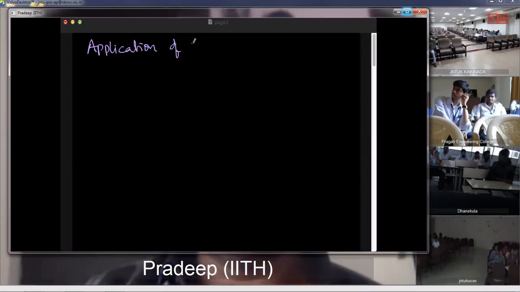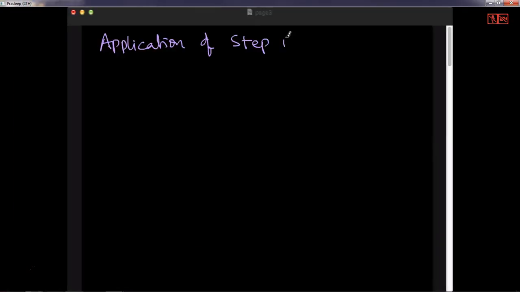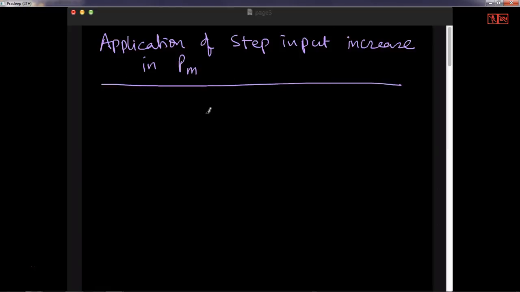Application of step increase in the mechanical power. We have already done this topic, but now we will actually do some calculation also. So let me draw the diagram neatly.